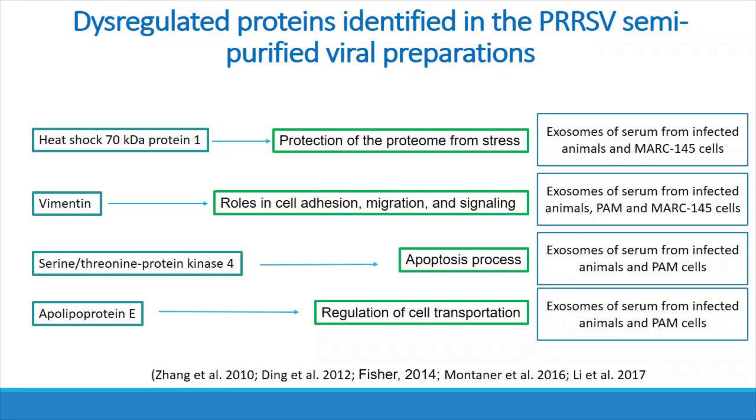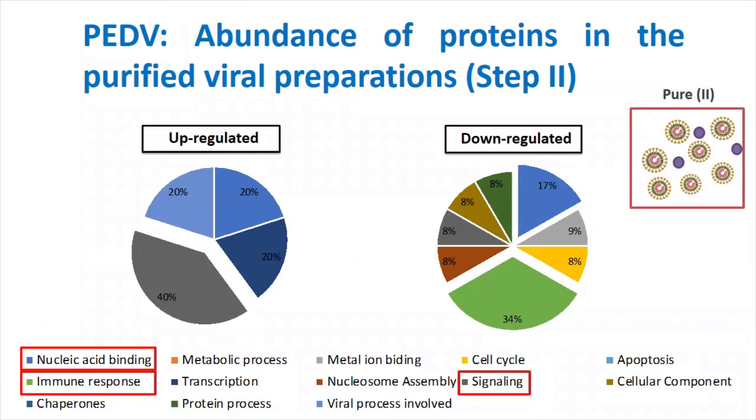This is just a very short list showing that the hits, the targets like vimentin, heat shock protein 17, and others have been found by other groups in exosomal fractions. So then, like I said, we did gradual differential purifications, and this is a more pure viral preparation.